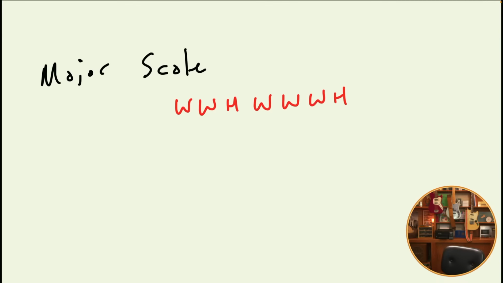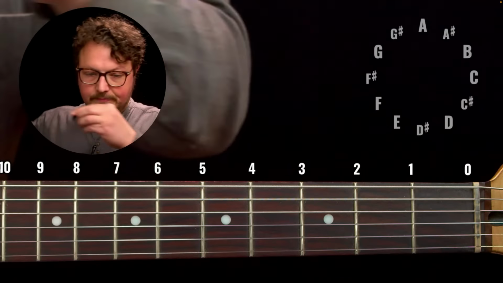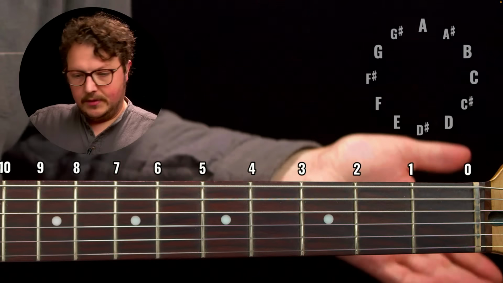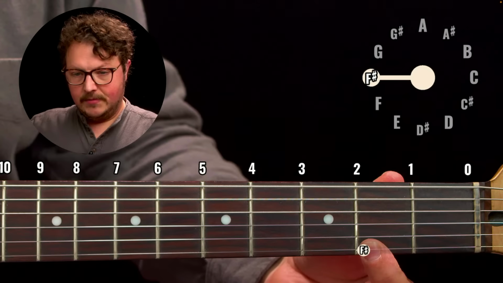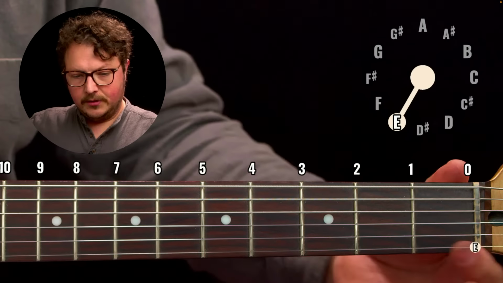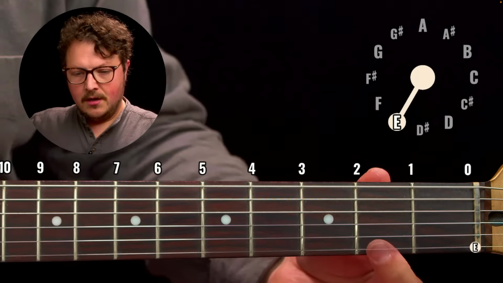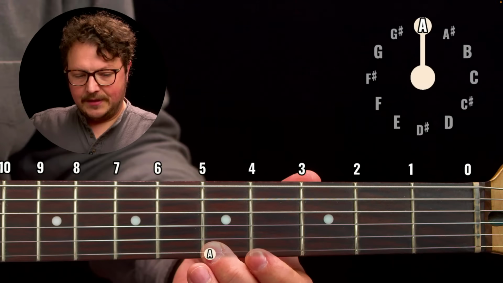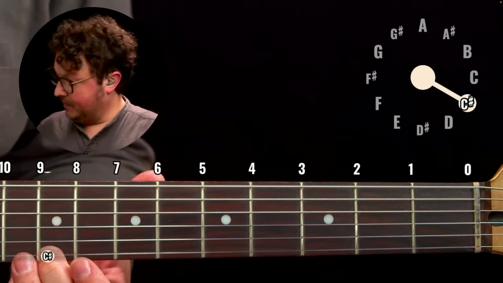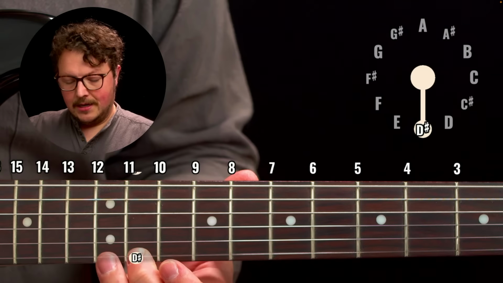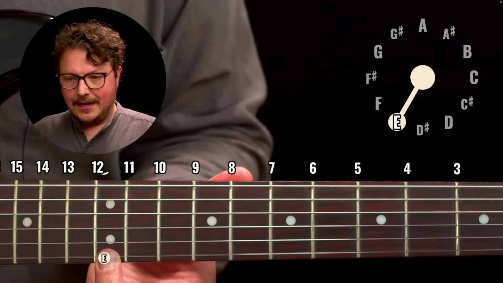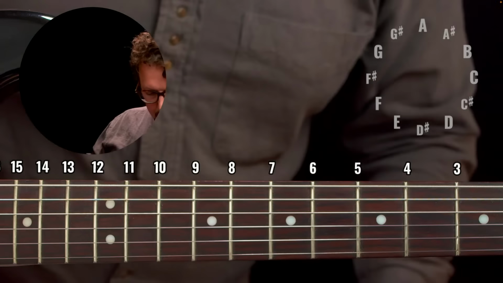And what that looks like on the guitar here is we've got any note you start on, and then a whole step is when you skip a note. So we just skipped F, right? So whole step, half step, whole step, let me scoot up, whole step, and then half step. And I just did that on the high E string so you can see what I'm talking about here.